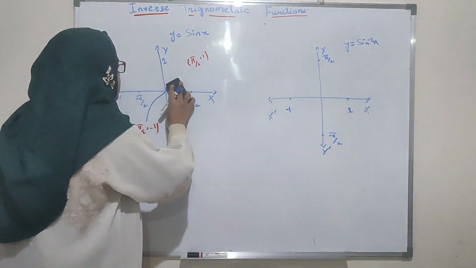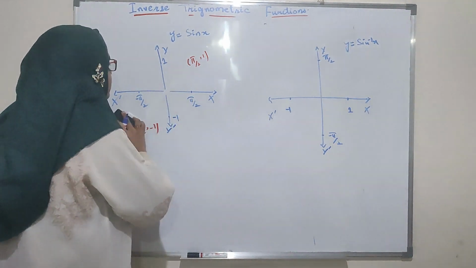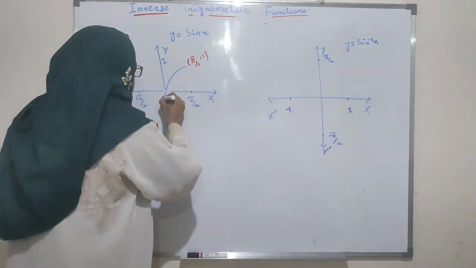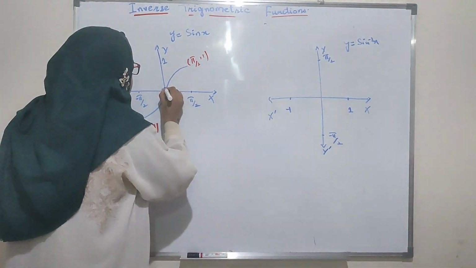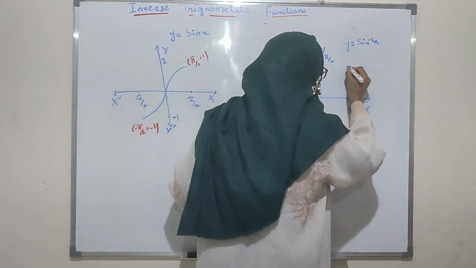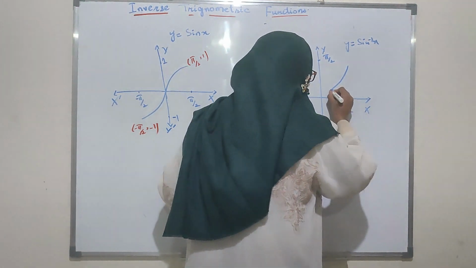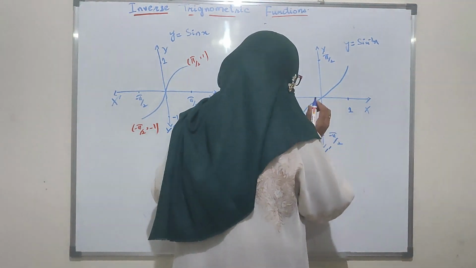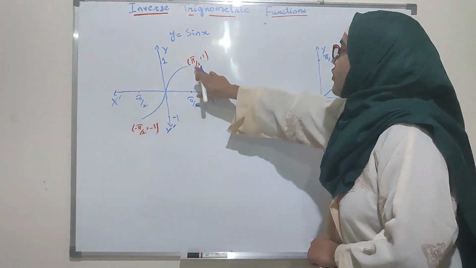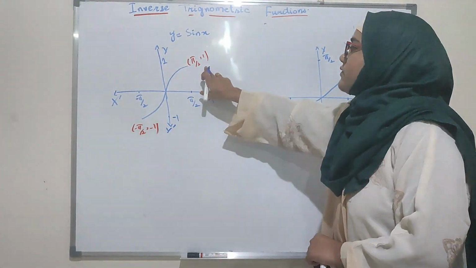Here you will get a graph like this for sine x. For sine inverse of x, you will get a graph like this. Now the points will also change. The point pi by 2 comma 1 is for sine x.